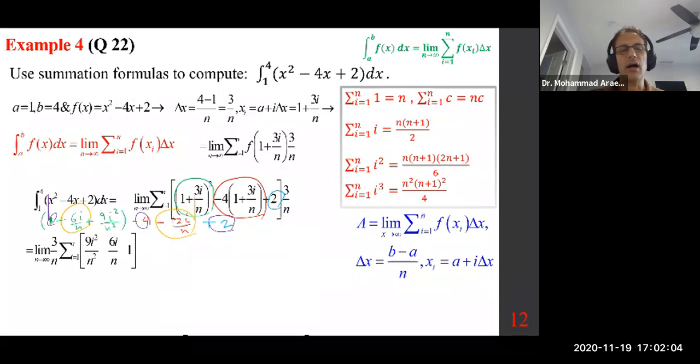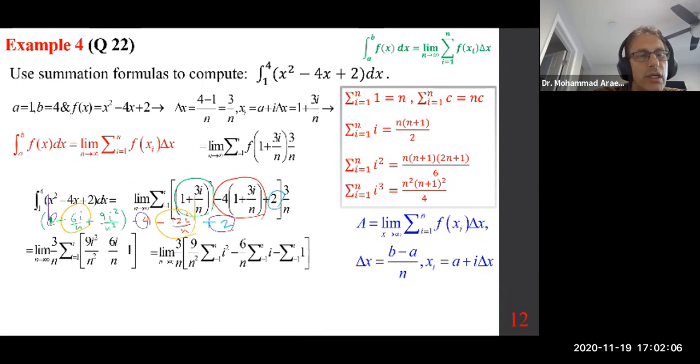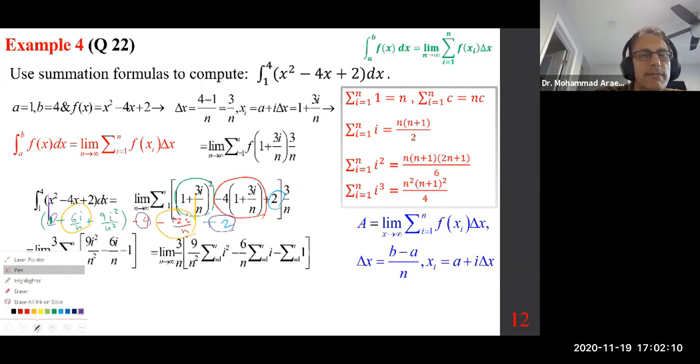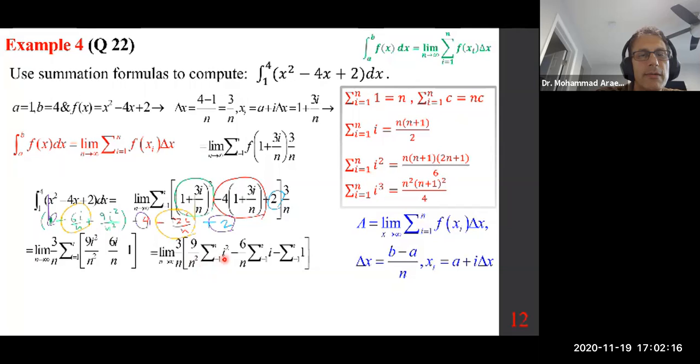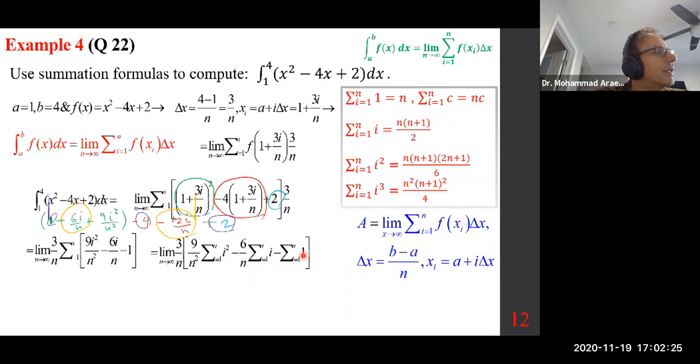Everything involving i remains. Therefore, we can write it as follows. This piece, I can take the 9 over n squared out, and I have i squared. Minus 6 over n out, and it's i, and it's minus summation of 1. Now, one by one, let's see what happens. So we have the limit, okay?